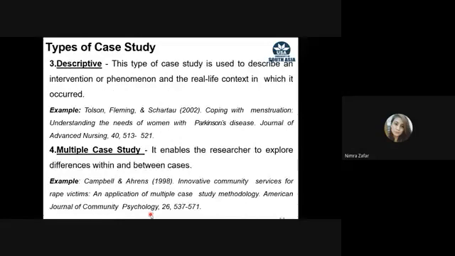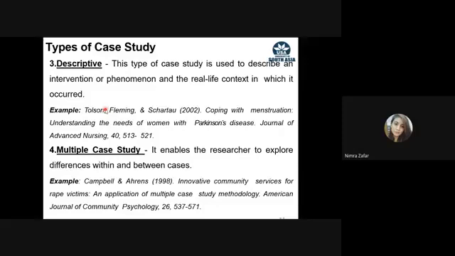Then we have descriptive case study. This type of case study is used to describe an intervention or the phenomena and the real life context in which it occurred. So basically, it is similar to explanatory. In explanatory, we are answering any research question.